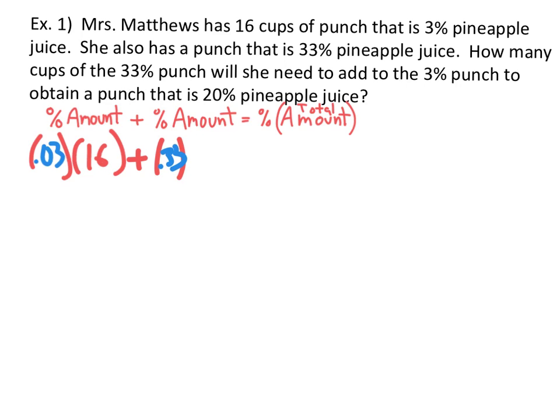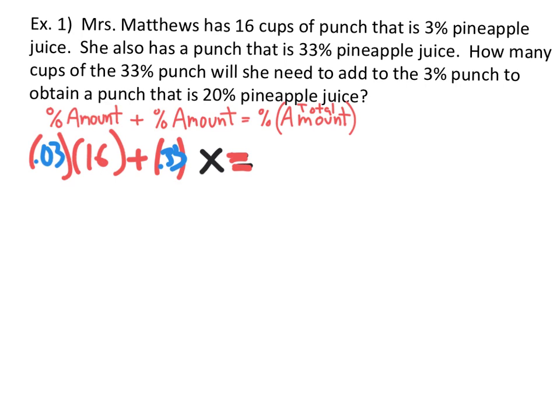And it says how much do we need to add? How much? The amount. Do we know the amount? No. So what am I going to put right there? X. Okay? Now, we know that when we mix them together, wait, let me write this in red, the equal sign in red. Wow, that's really ugly. I'm sorry. We know that the new amount, we want it to be what?